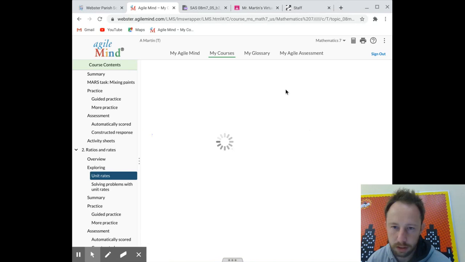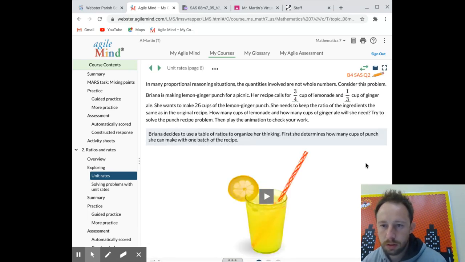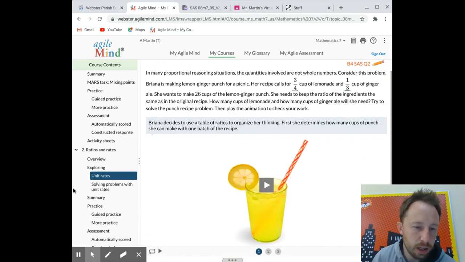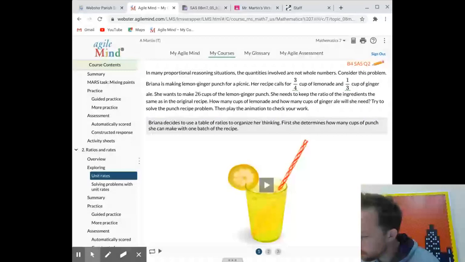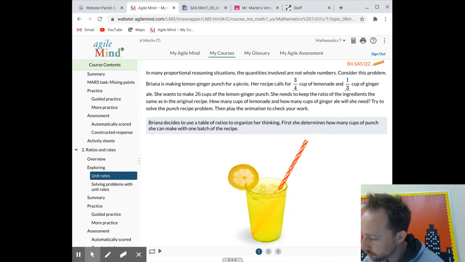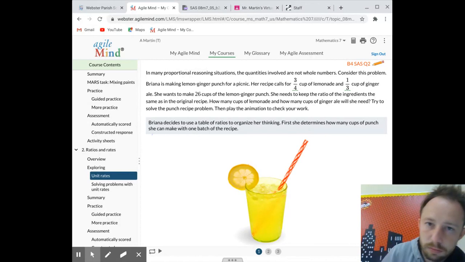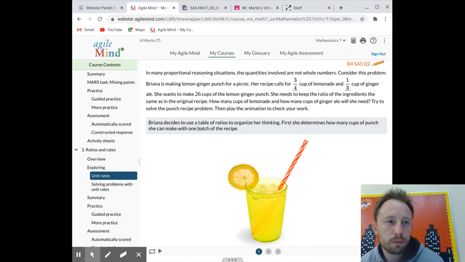Number 8. All right, let's let Emma read this for us, please, ma'am. In many proportional reasoning situations, the quantities involved are not whole numbers. Consider this problem. Brianna is making lemon ginger punch for a picnic.